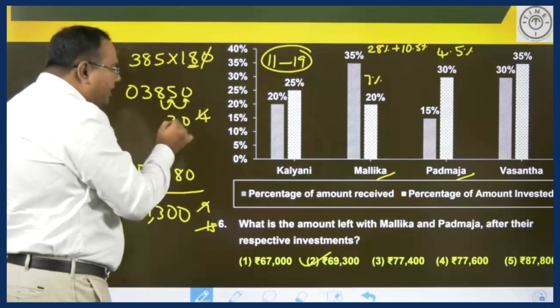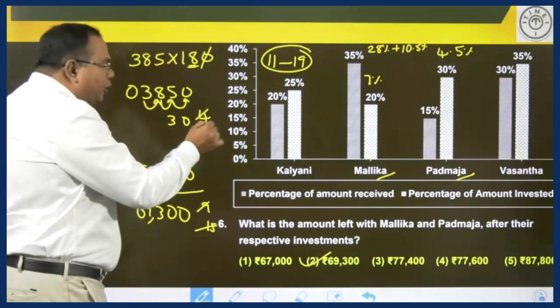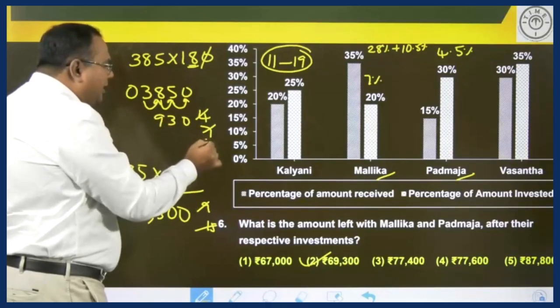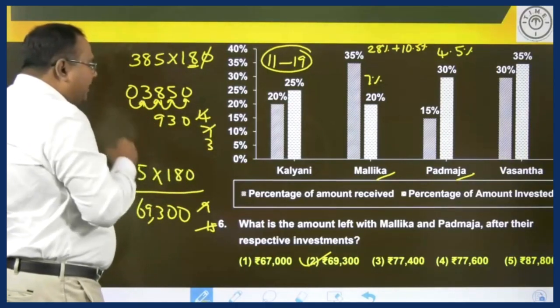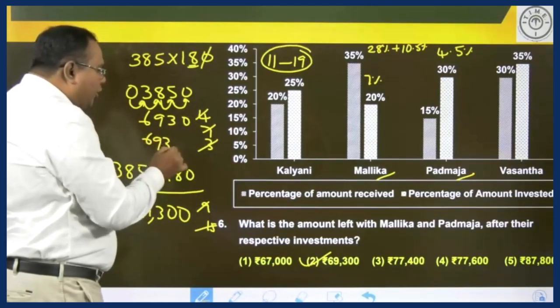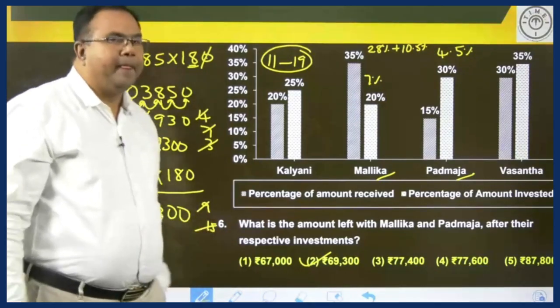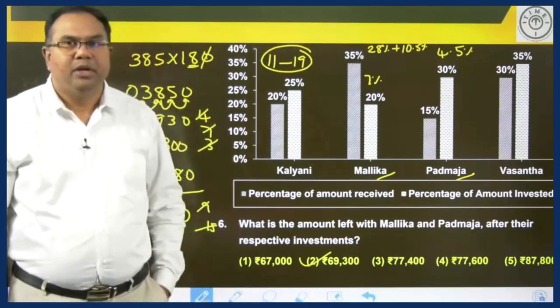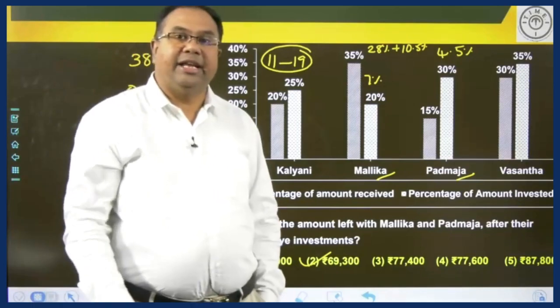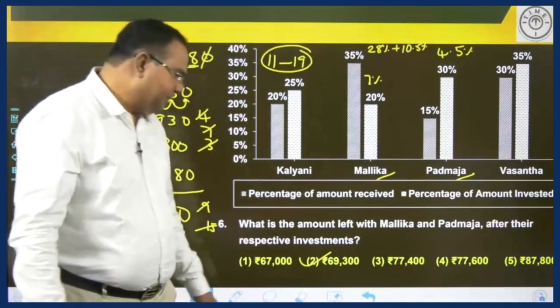Plus 4, 73. 8 3s are 24 plus 8, 32. 32 plus 7, 39. 9 here, 3 here. 8 0s, 0 plus 3, 3. 3 plus 3, 6. So, 6, 9, 3, 0. I have one more 0 here. So, 69,300. Option 2 should be your answer. This is the special multiplication technique for 11 to 19. In speed maths, you might have discussed this.